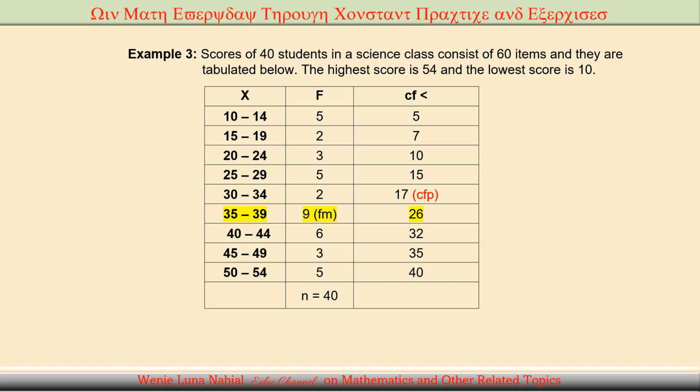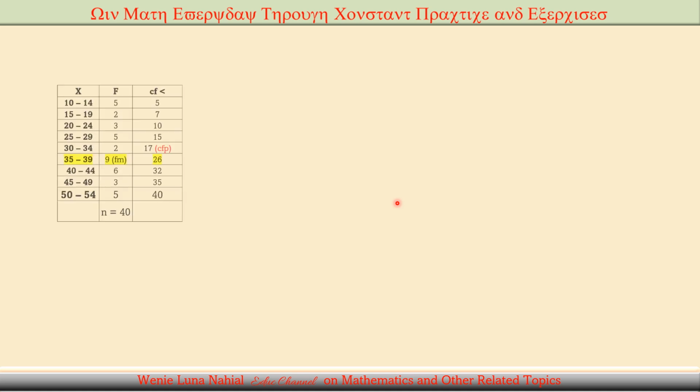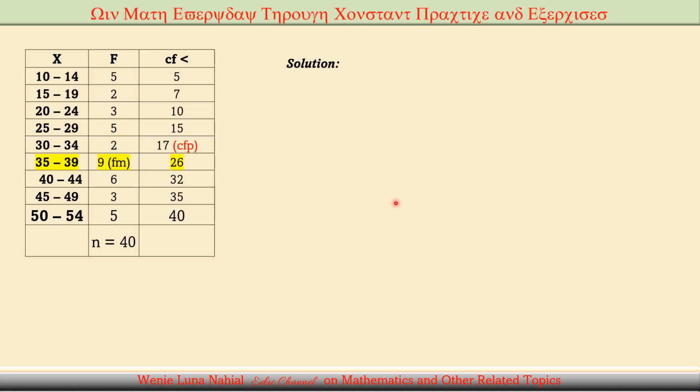And we can see that our N is 40. So 40 divided by 2, that is 20. Then the category containing n over 2 is 35 to 39.